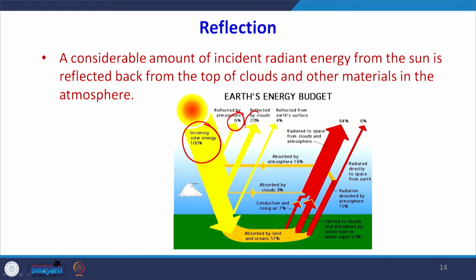Reflected by the clouds will be 20%, again before reaching the ground. So, the clouds will reflect it back. Reflected from the earth's surface will be 4% of that energy.